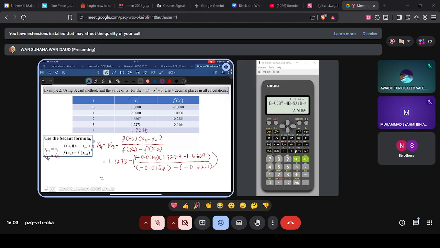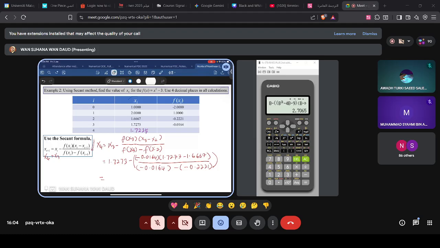Yeah, Tunaf gave the answer 1.7225. Does everyone agree? Is it okay? Clear or not? You got the answer, Nakib? Same, 1.7225.